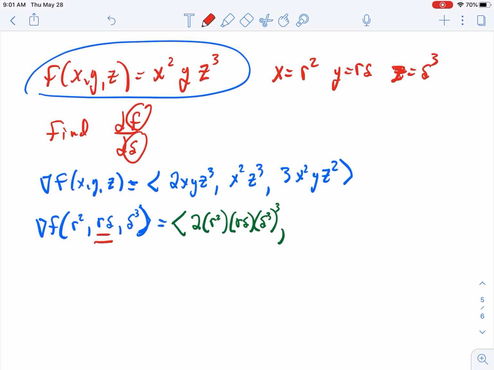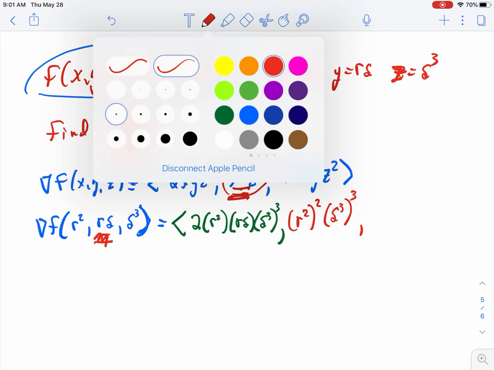Now plugging in for this piece here, x squared is r squared squared, and z is s cubed.